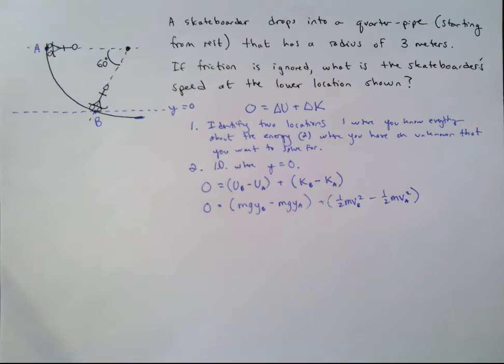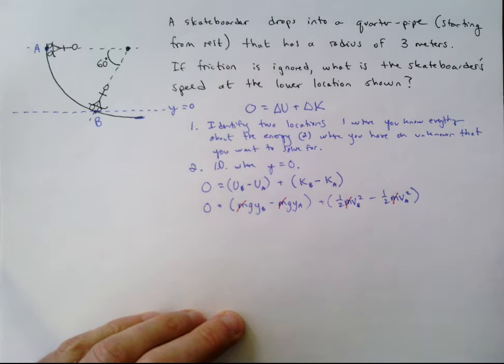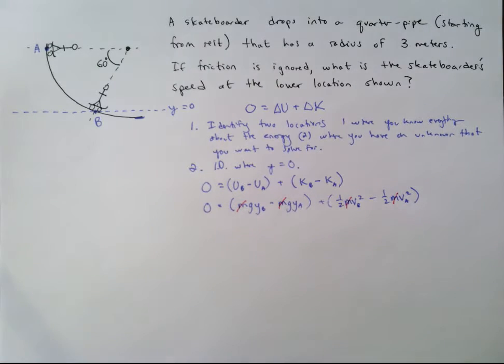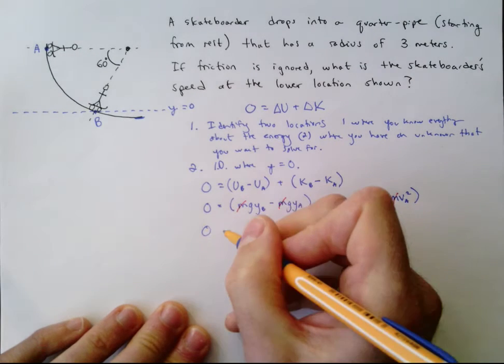Everything has an m in it, so the m's cancel out. That doesn't always happen. There are some formulas for energy that don't have m in them, so they won't cancel out. But if you're just dealing with gravitational potential energy and kinetic energy, the m will cancel out.